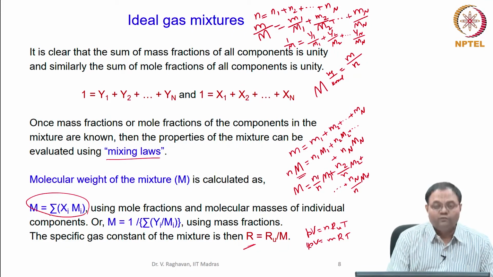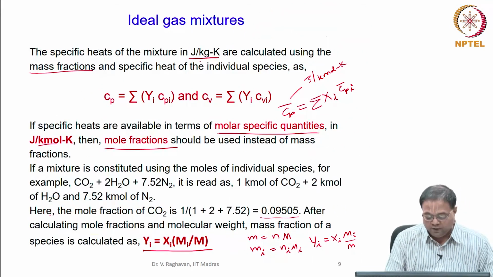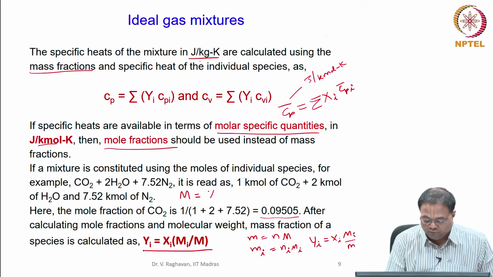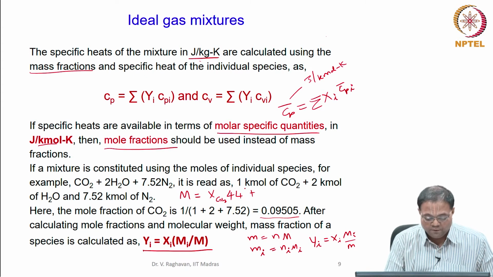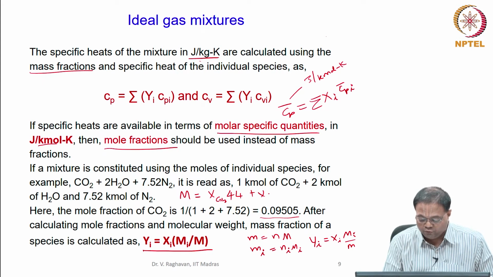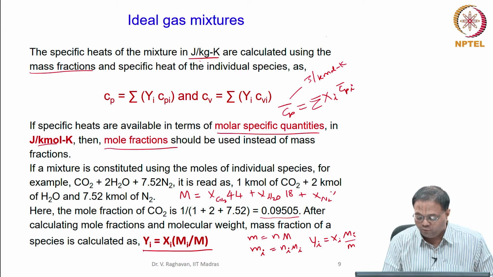So the molecular weight of this mixture will be equal to the mole fraction of CO2 times the molecular weight of CO2, that is 44, plus the mole fraction of H2O times its molecular weight, 18, plus the mole fraction of N2 times its molecular weight, 28.